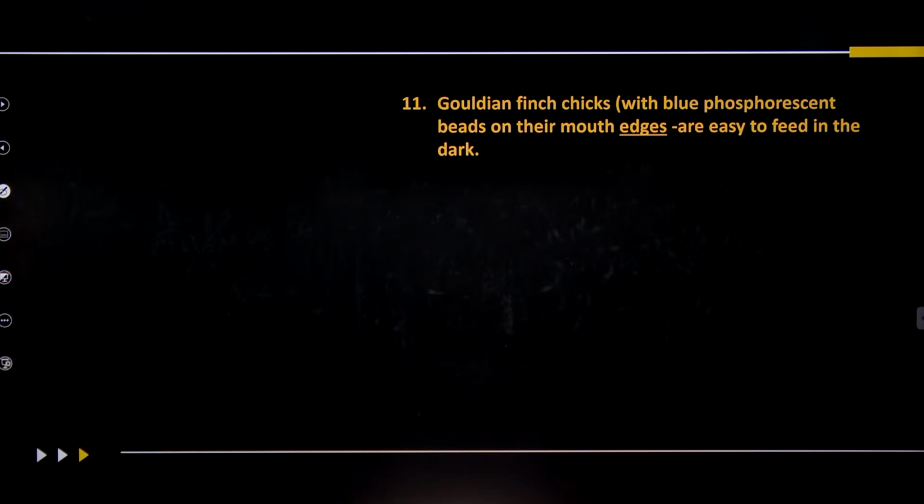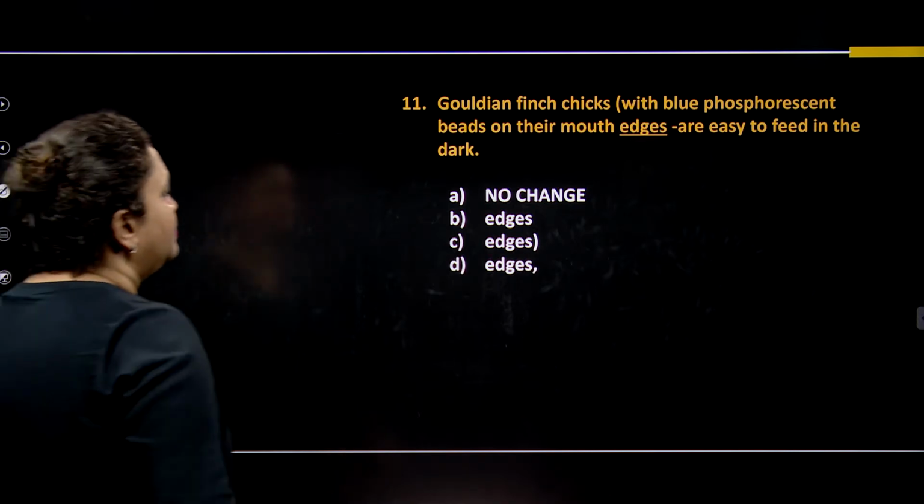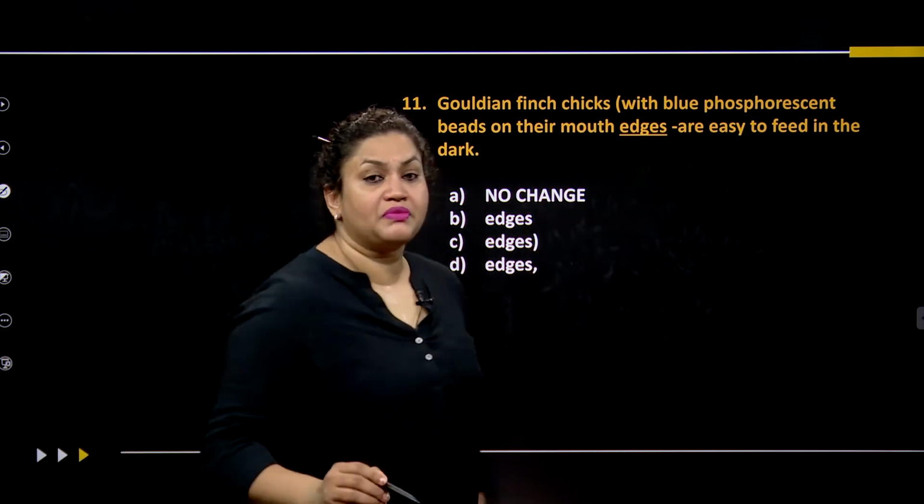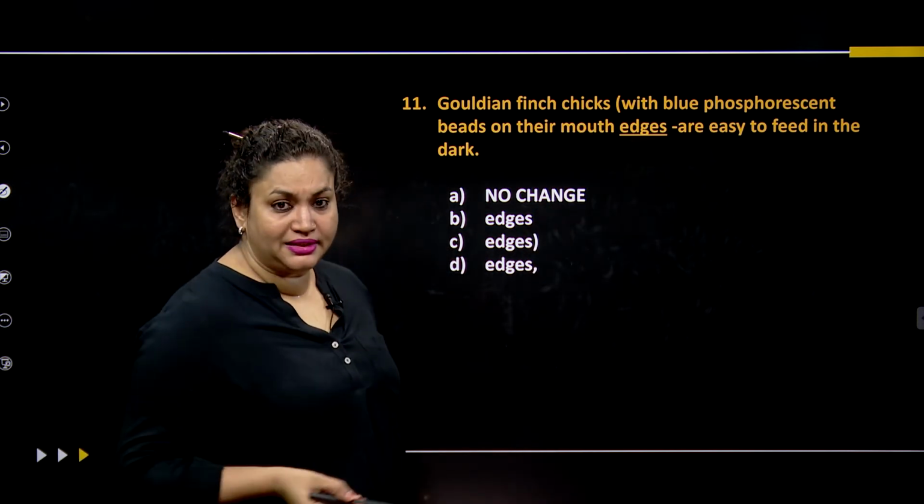Golden finch chicks with blue phosphorescent beads on their mouth edges are easy to feed in the dark. Let's see the options. Here we have one starting bracket, but we don't have an ending bracket.